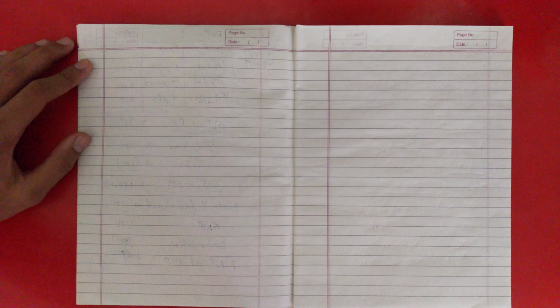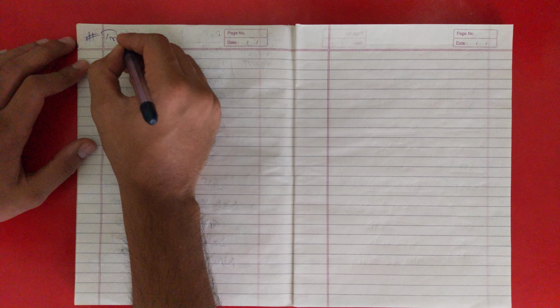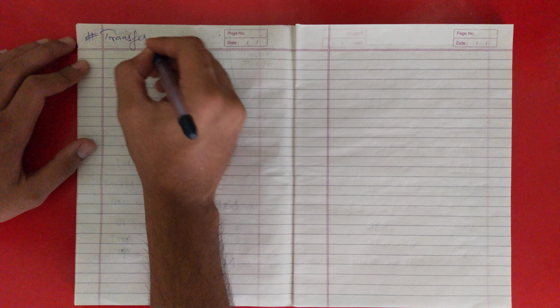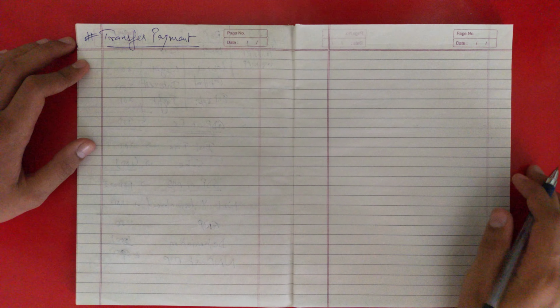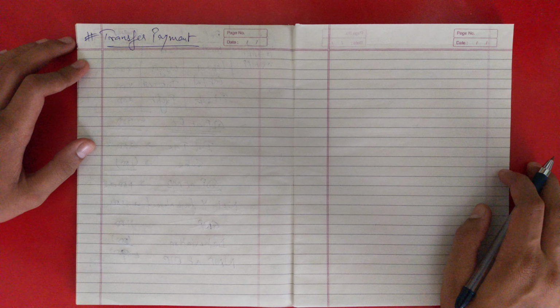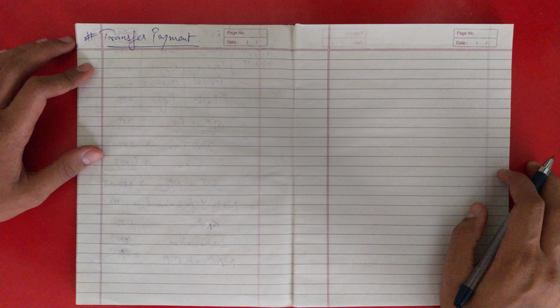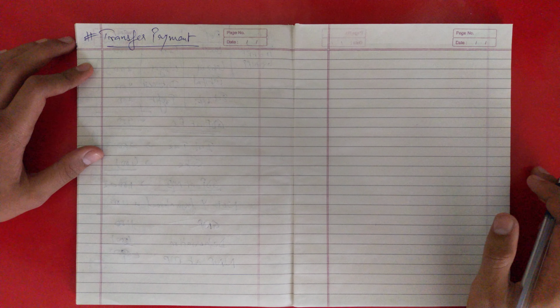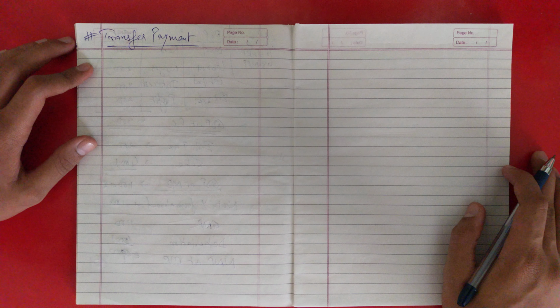So in this class we are going to start with a first topic, a new page, a fresh start, that is transfer payment. Okay, so first of all, what is transfer payment? It is basically the payment made by the government to an individual for which no economic activity is given in return by that individual.